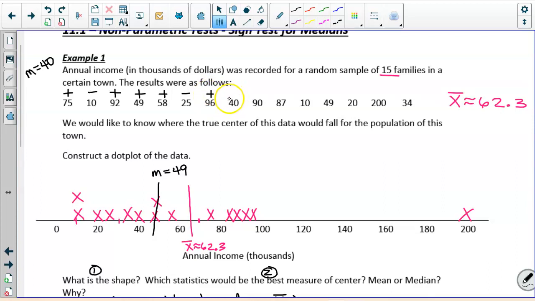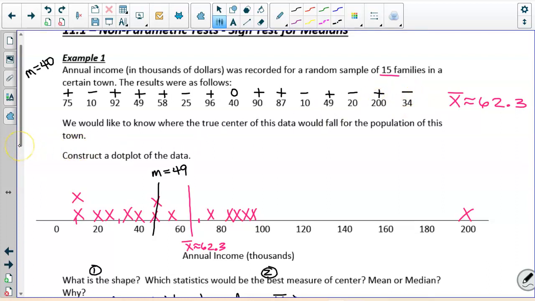So what you put, it's not above it, positive, it's not below it, negative. Instead, you just put 0 because it's exactly equal to it. There's no difference. Okay? 90? Above. 87? Above. 10, below. 49, above. 20, below. 200, above. And 34, below, okay?